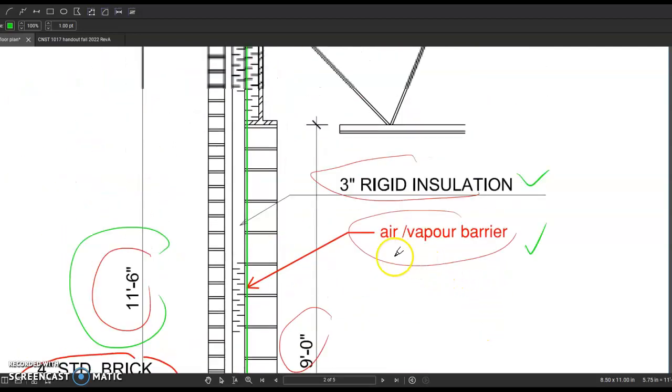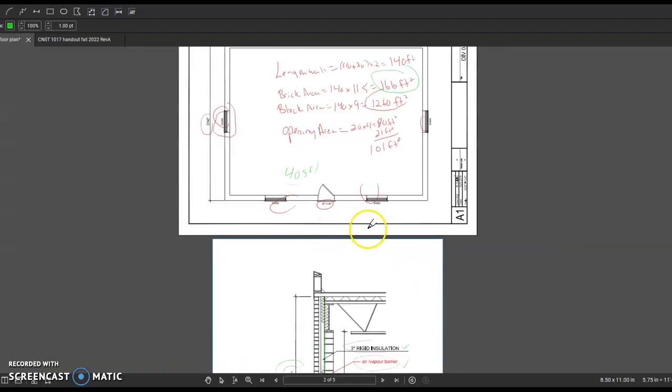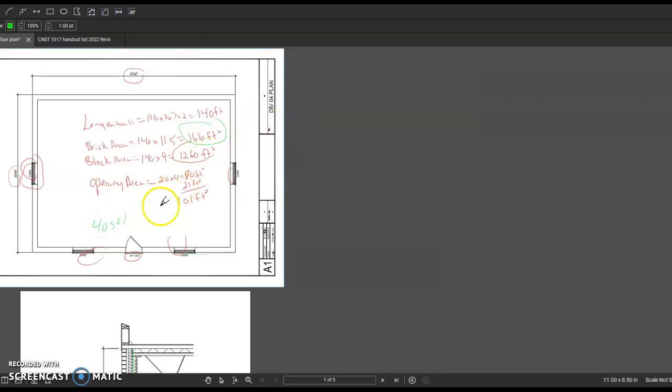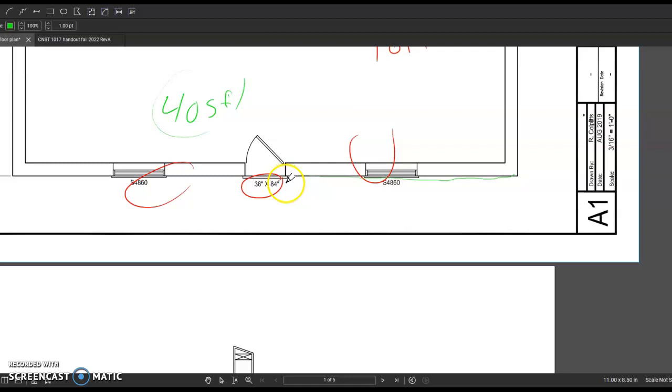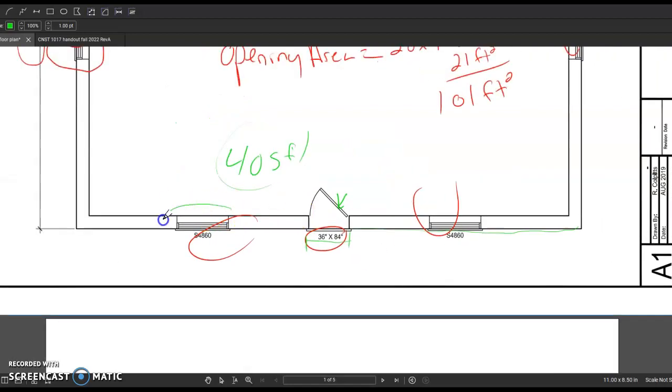And next I would need to know the length. It's base wall flashing, so it's going to go all the way around. Now there wouldn't be flashing at the bottom of my door here, because you'd obviously be tripping over it, but there is some above the door, so it kind of cancels each other out there. But at my window openings, I actually have flashing above my windows, right?